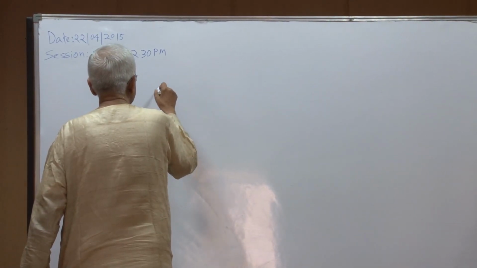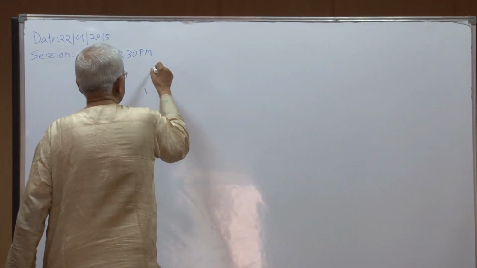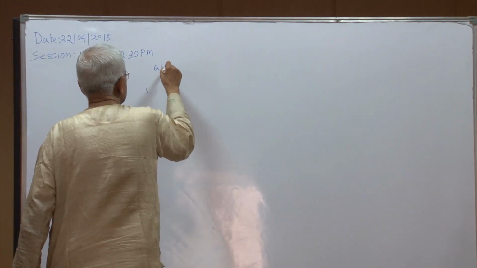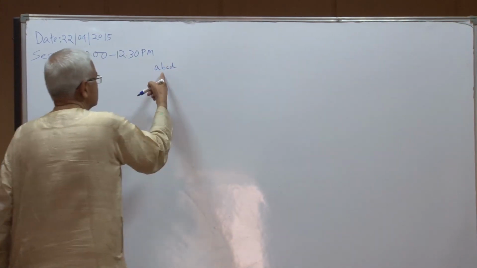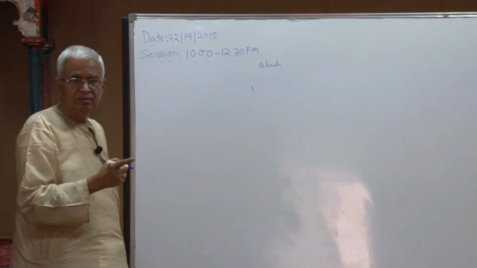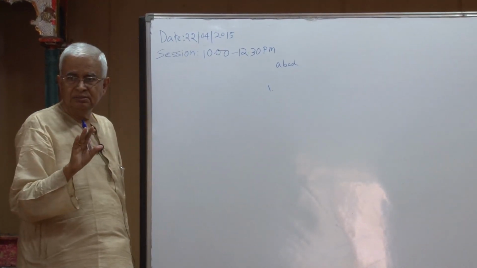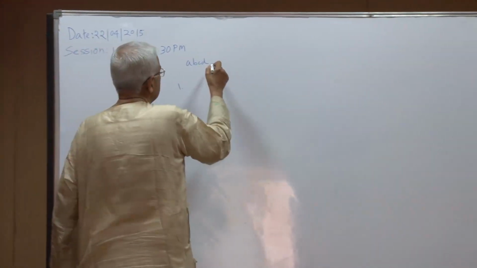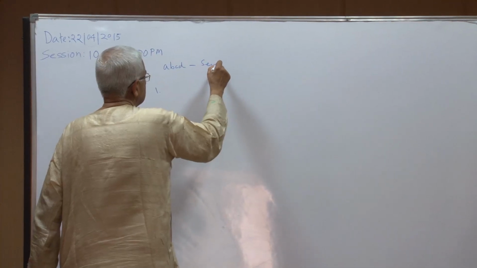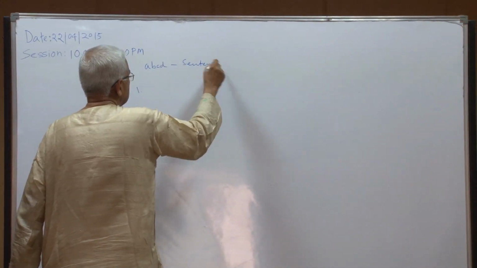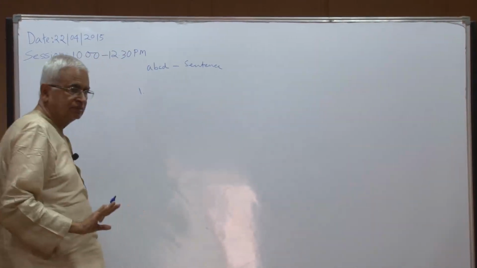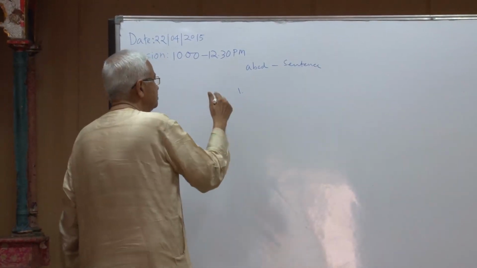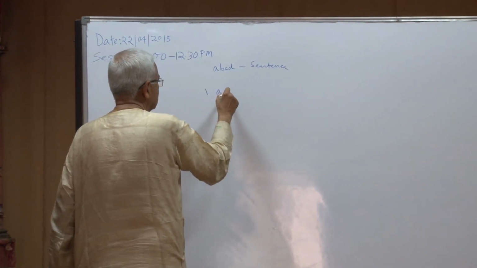After receiving, he receives in this form. So suppose this is a sentence, pada samuha vakyam. There are 4 padas, A, B, C and D. So this is a sentence uttered by the speaker. Now when he receives in this form.